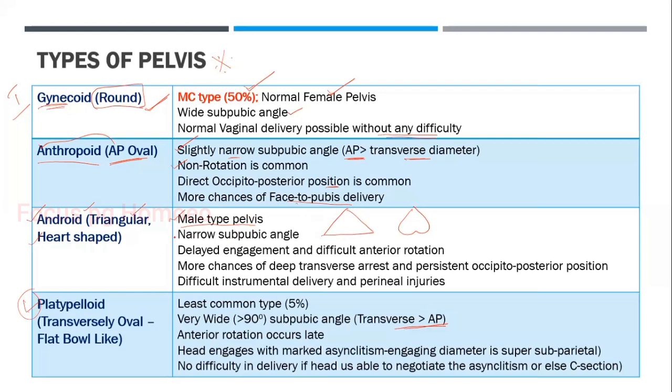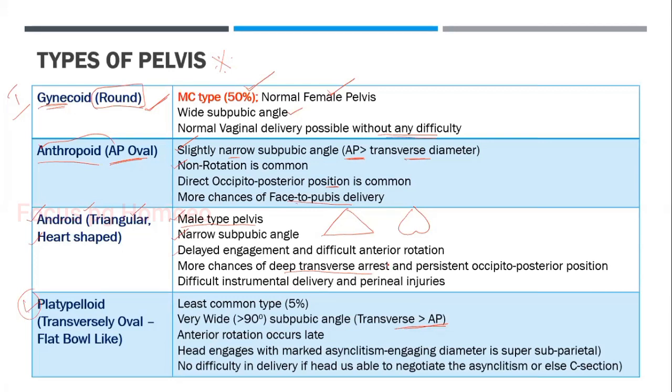So here there is a narrow subpubic angle. There is delayed engagement. When it is narrow, obviously engagement is a little difficult, with a difficult anterior rotation of the fetus and more chances of deep transverse arrest, and the condition is very critical here.